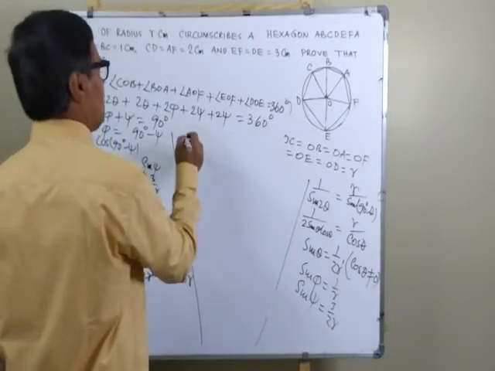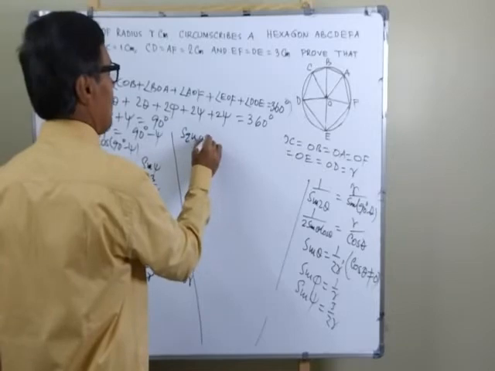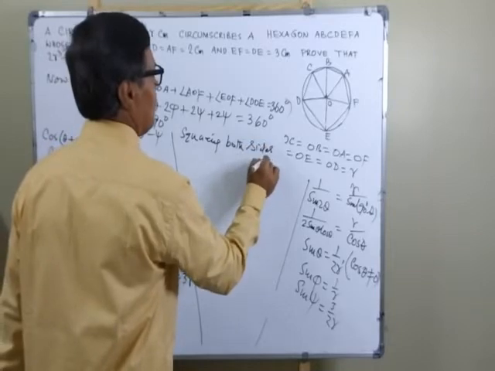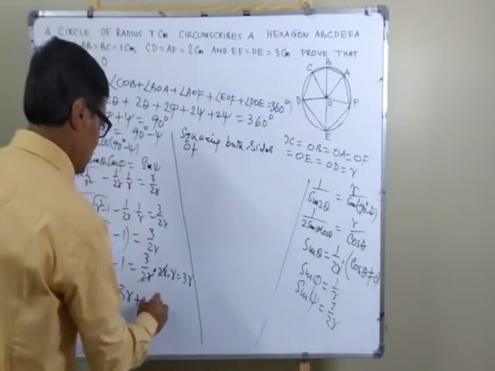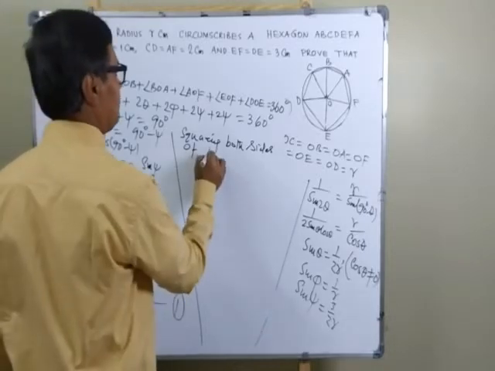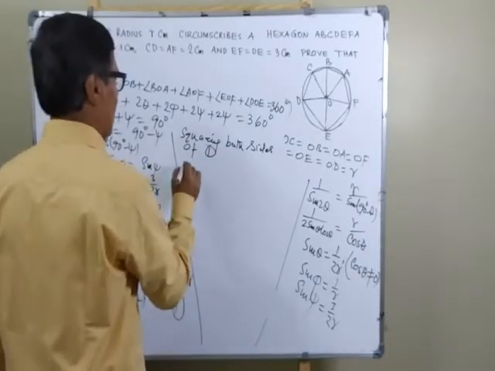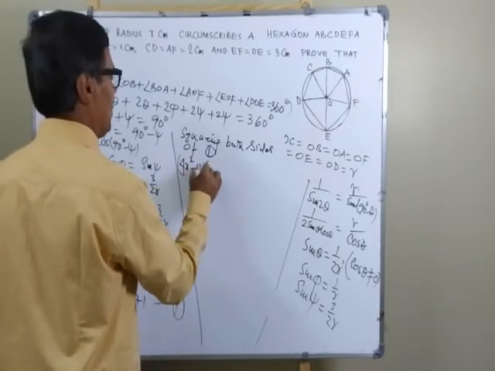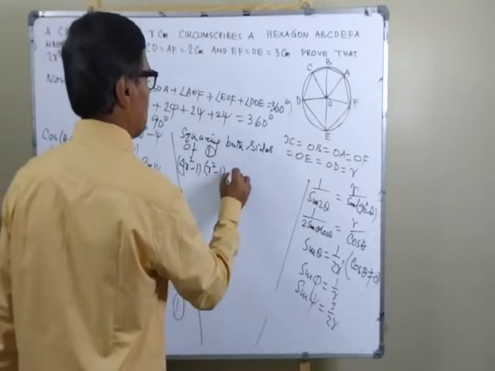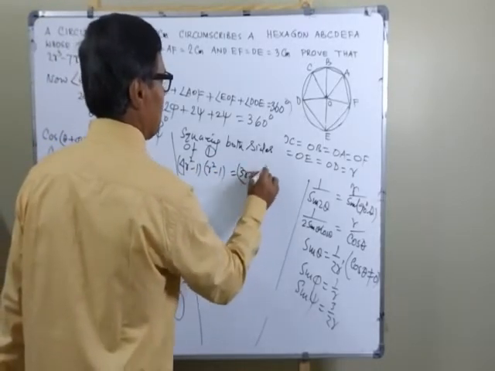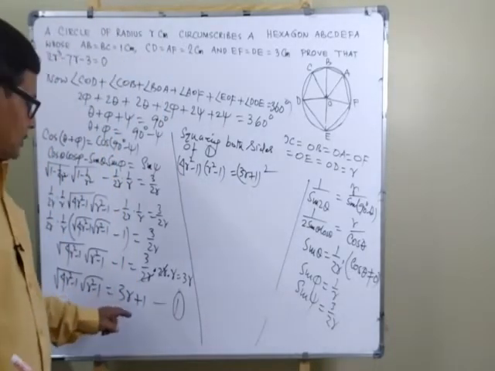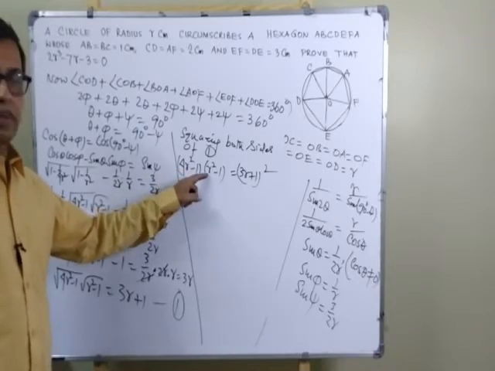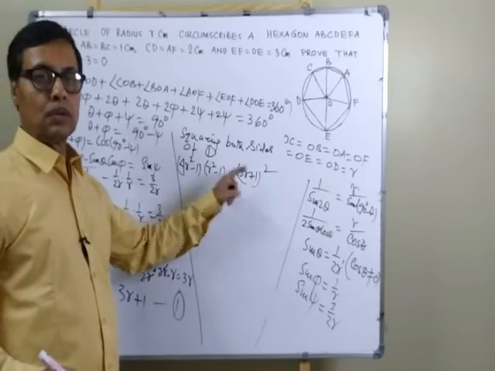After squaring both sides of equation 1, we get 4r square minus 1 multiplied by r square minus 1 is equal to 3r plus 1 whole square.